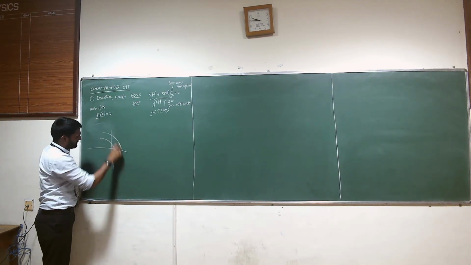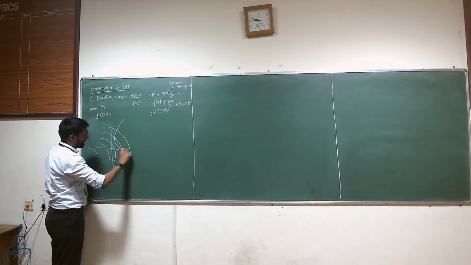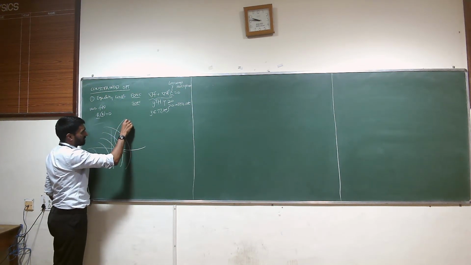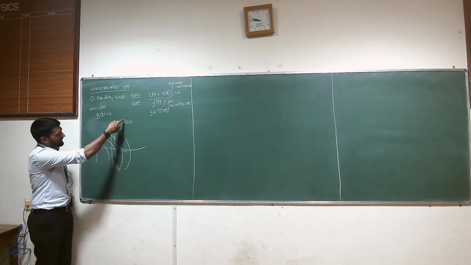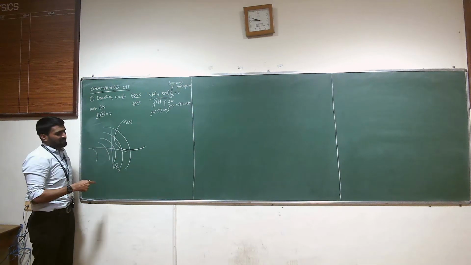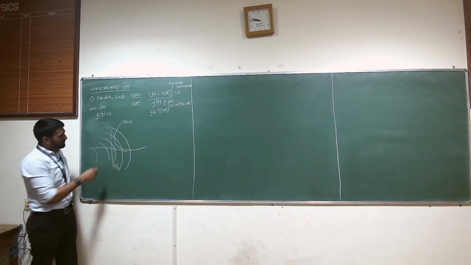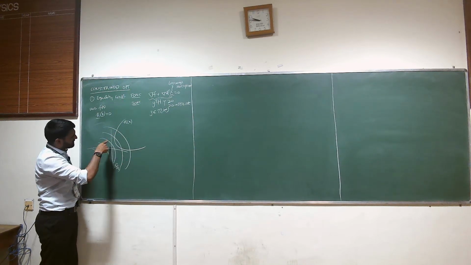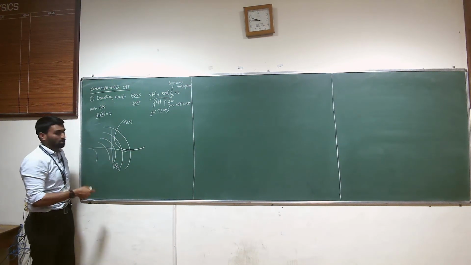Okay? If these are your f of x contours, and this is your h of x, and we are only allowed to search along this, where is the minimum here? The minimum occurs at a point where this curve touches one of the contours exactly at one point. It does not cut through the contour.